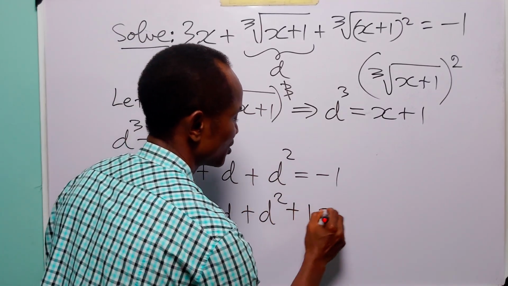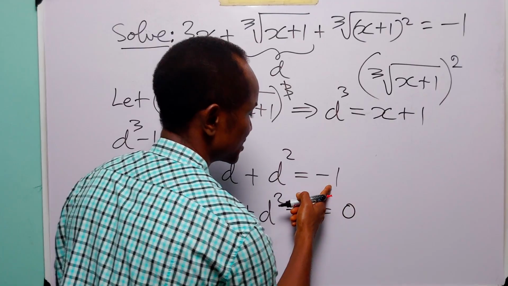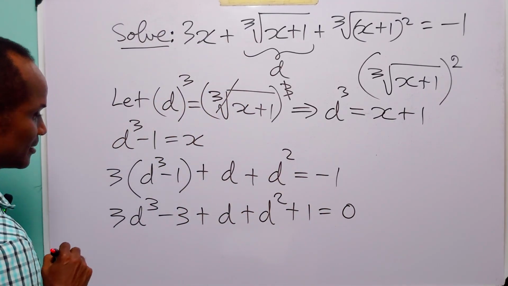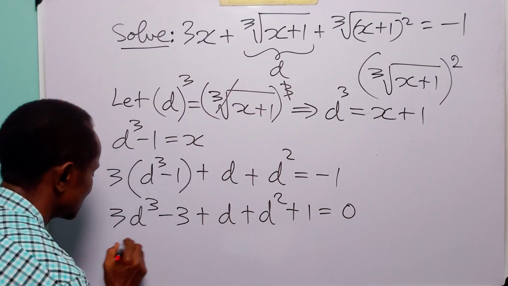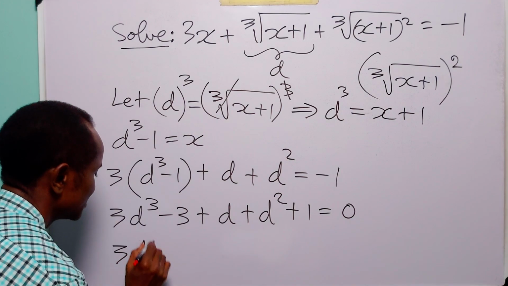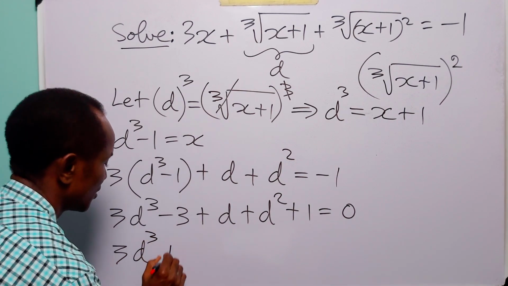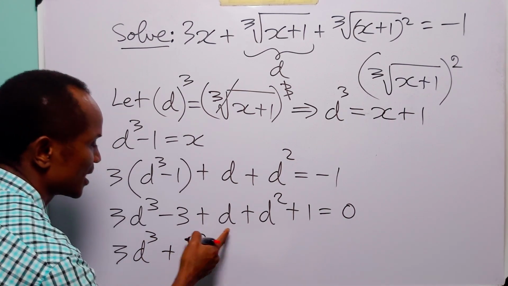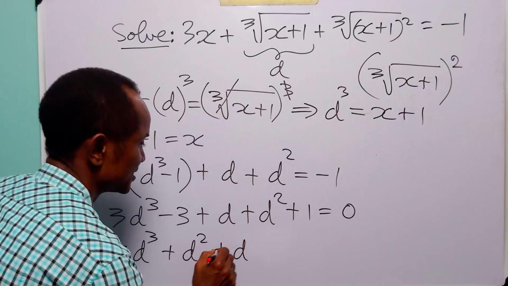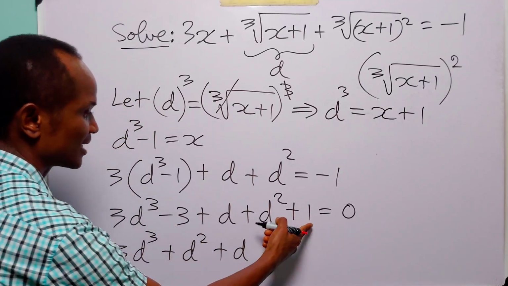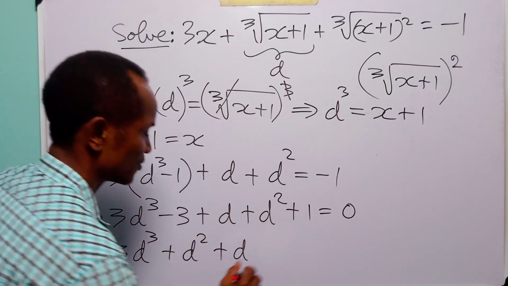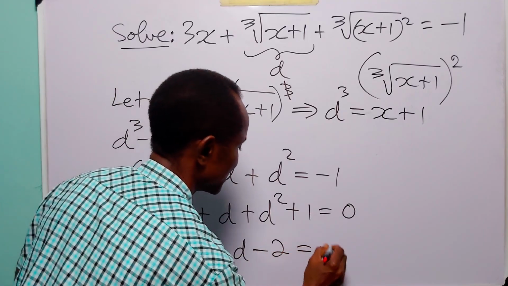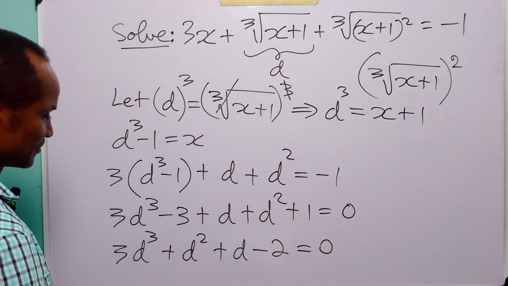When we do that, it becomes plus 1 and we are left with 0 on the right hand side. Now let us rearrange this. We have 3d cubed plus d squared plus d. Now we have minus 3 plus 1, which is equal to minus 2. And this is equal to 0.